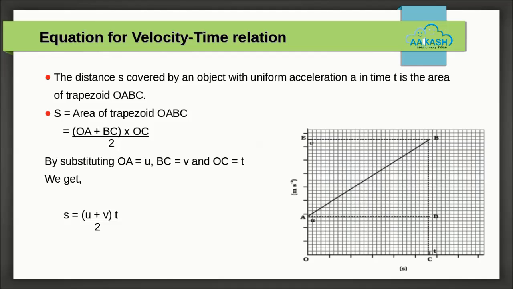In this graph, the distance s covered by an object with uniform acceleration a in time t is represented using the area of the trapezoid OABC. s is equal to area of trapezoid OABC is equal to (OA plus BC) multiplied by OC the whole divided by 2. By substituting OA is equal to u, BC is equal to v and OC is equal to t, we get s is equal to (u plus v) multiplied by t the whole divided by 2.